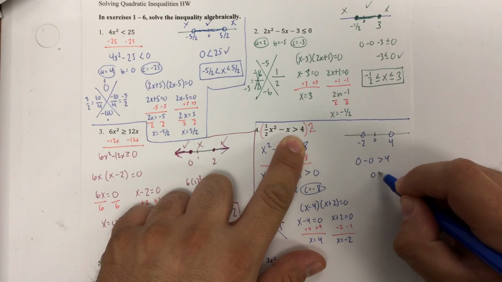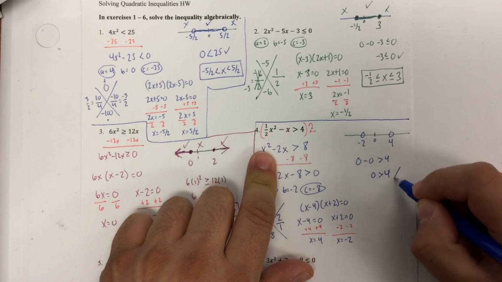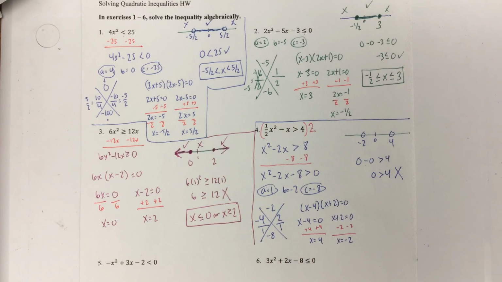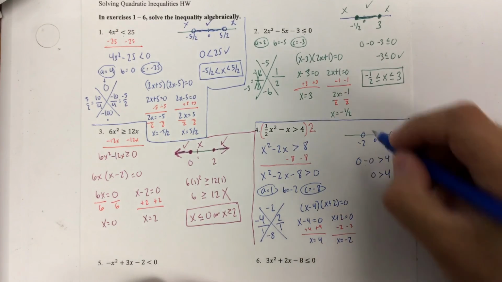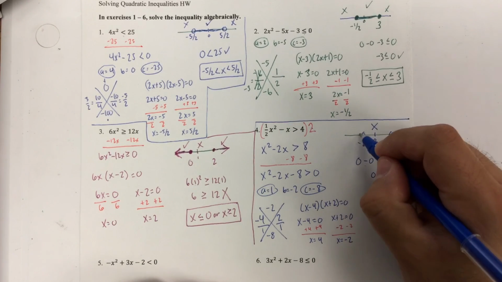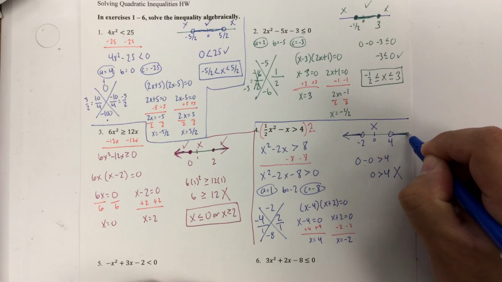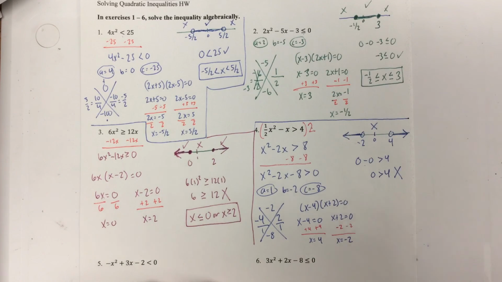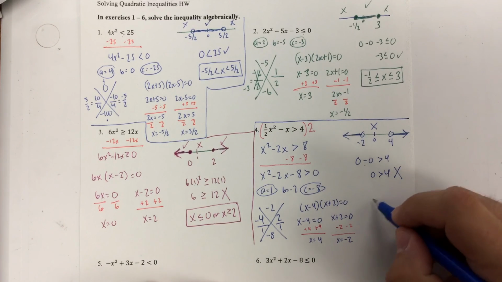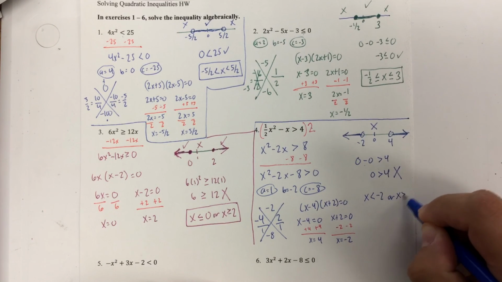So is 0 greater than 4? That is false. So therefore, our solution is not in between, it's on the outside. It's an OR statement now. So that being said, it's going to be x is less than negative 2 or x is greater than 4.